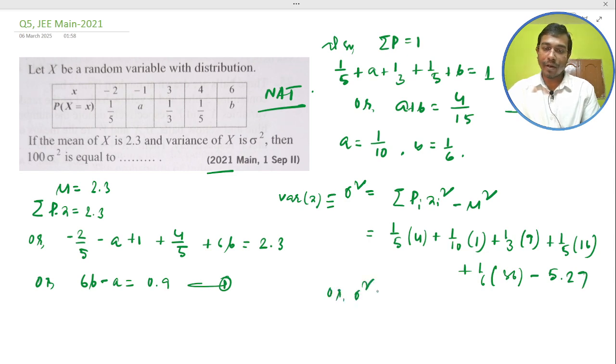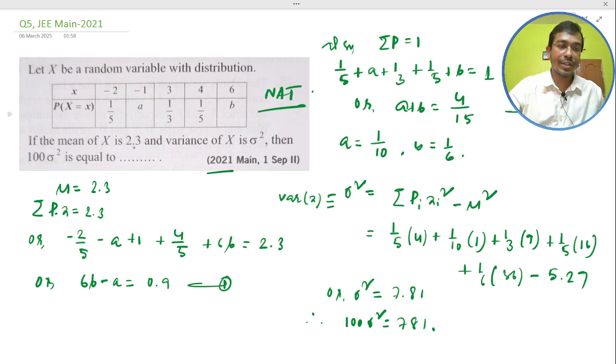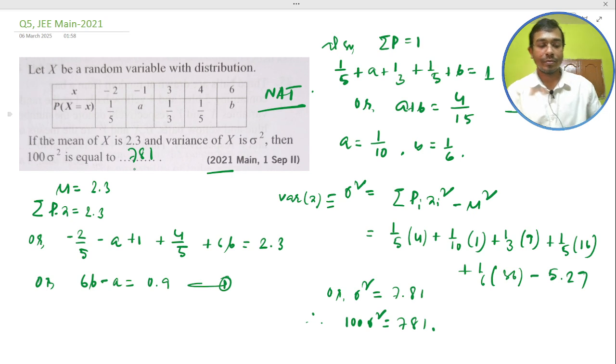So you would get the value of sigma square as 7.81. Therefore, 100 into sigma square means 781. 781 would be the correct answer.